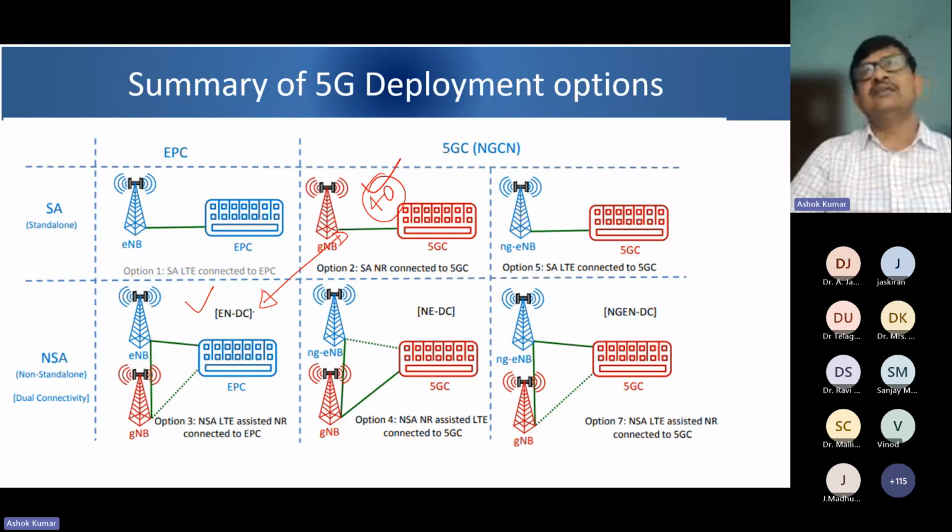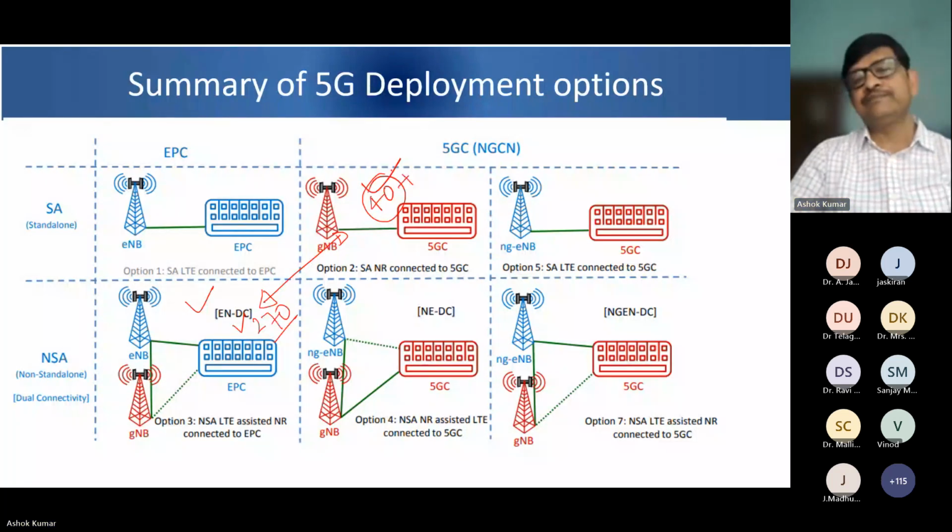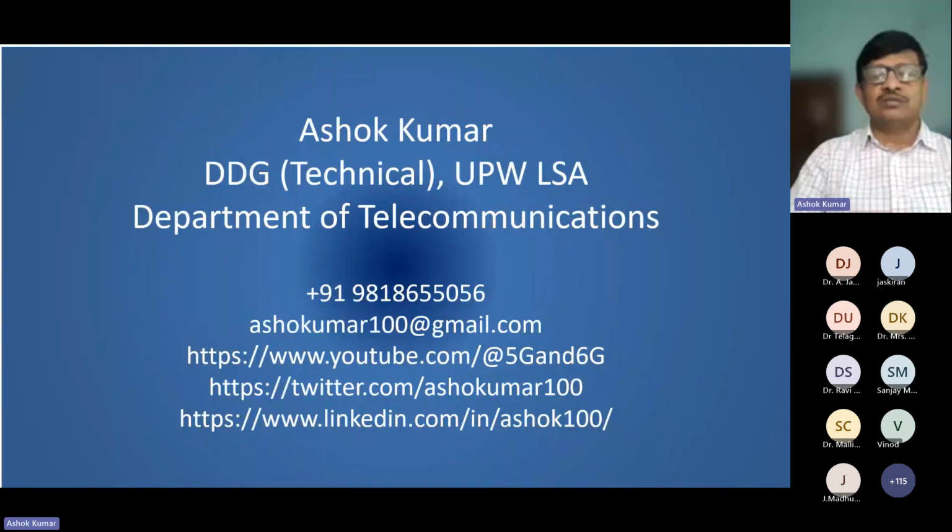I think there are 800 operators, and 300 plus operators have launched 5G. So almost 260, 270 operators are on NSA mode, option 3, and only 40 plus operators are on SA mode as of today. But ultimately, everyone will move towards the SA mode. Thank you, sir. So this part I have completed.